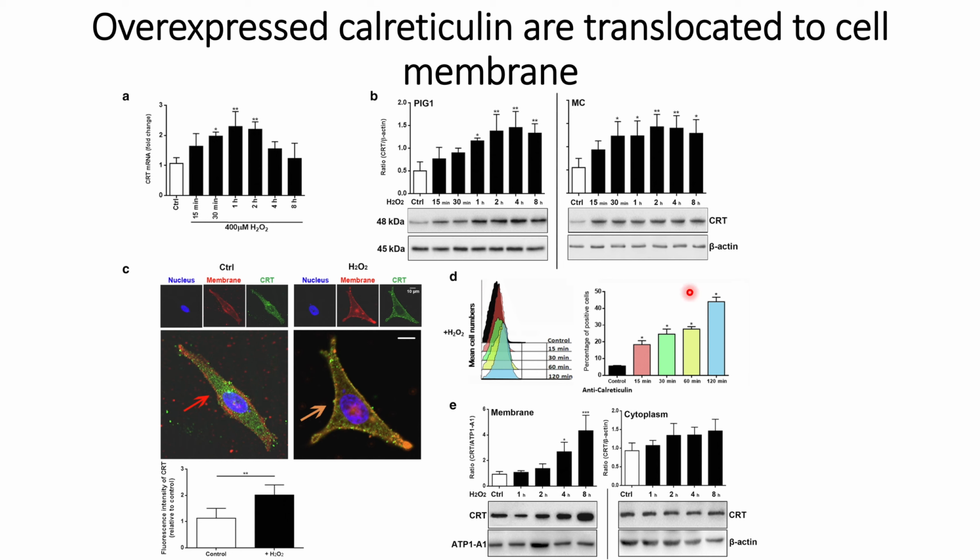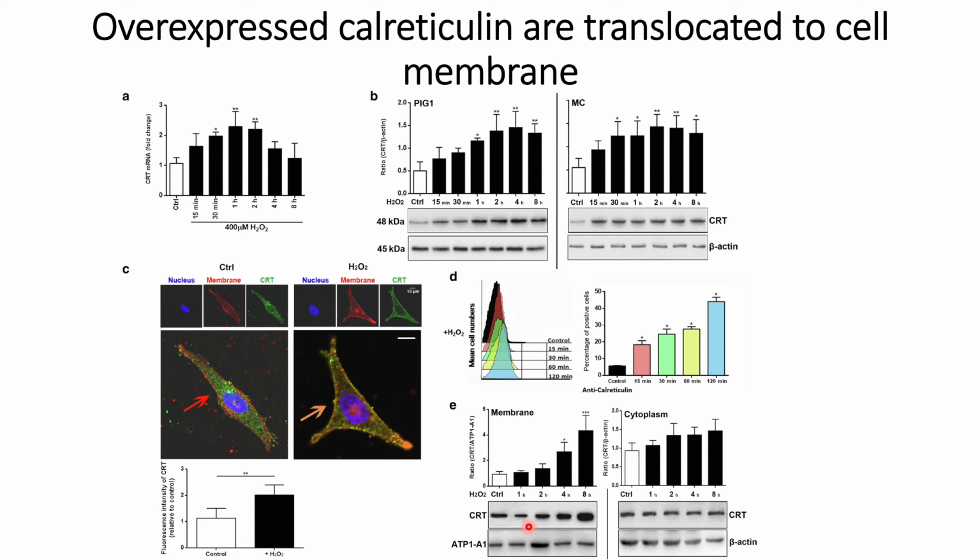And after validating their results using flow cytometry, they did Western blot using different fractions of the cells. That is, they did the Western blot for the membrane fraction and also for the cytoplasm. As a loading control, for the membrane they use ATP1A1, and for the cytoplasm they use beta-actin.